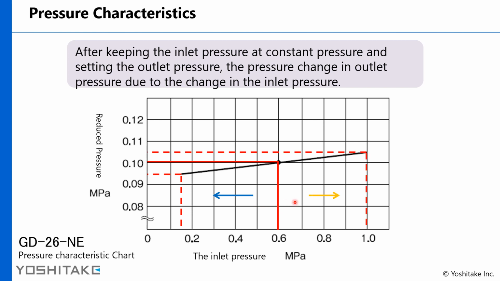When it goes to the right, from 0.6 megapascal to 1.0 megapascal of inlet pressure, the reduced pressure will increase from the set pressure 0.1 megapascal to around 0.105 megapascal. So this graph is showing the changes of reduced pressure due to the changes in the inlet pressure.